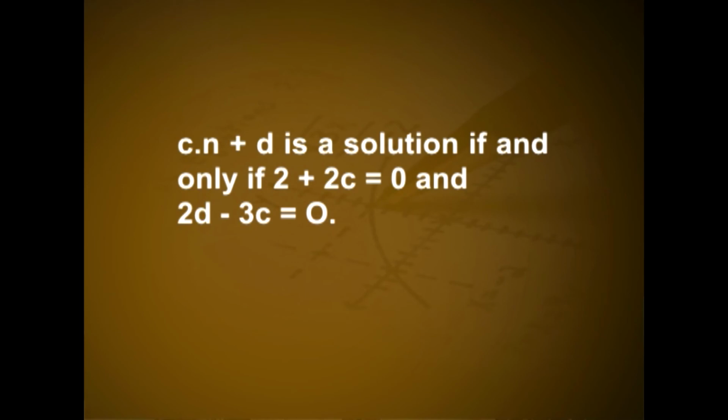It follows that c into n plus d is a solution if and only if 2 plus 2c is equal to 0 and 2d minus 3c is equal to 0. This shows that c n plus d is a solution if and only if c is equal to minus 1 and d is equal to minus 3 by 2. Consequently, a n p is equal to minus n minus 3 by 2 is a particular solution.